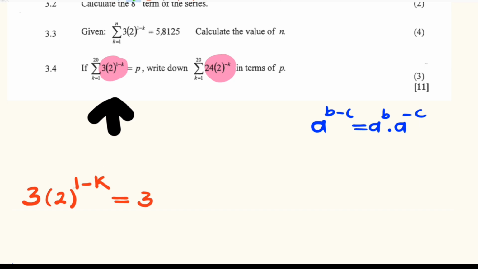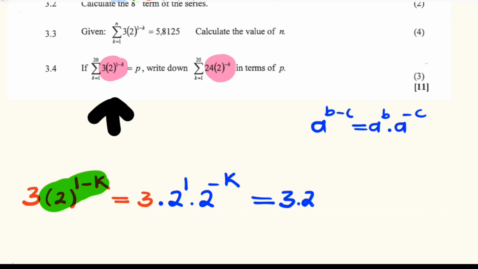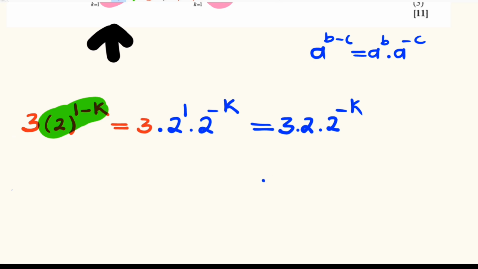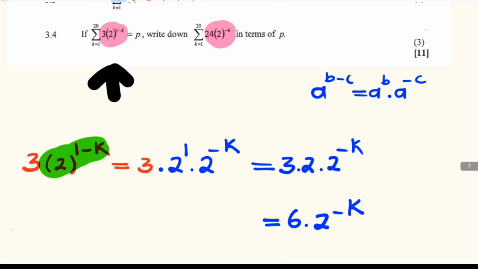So in the same token, that part we express as 2 raised to the power 1 multiplied by 2 raised to the power negative k, and this will be equal to 3 multiplied by 2 raised to the power 1. 2 raised to the power 1 is equal to 2, and we have the 2 raised to the power negative k, and we have 3 multiplied by 2, which is equal to 6, which will be multiplied with 2 raised to the power negative k.